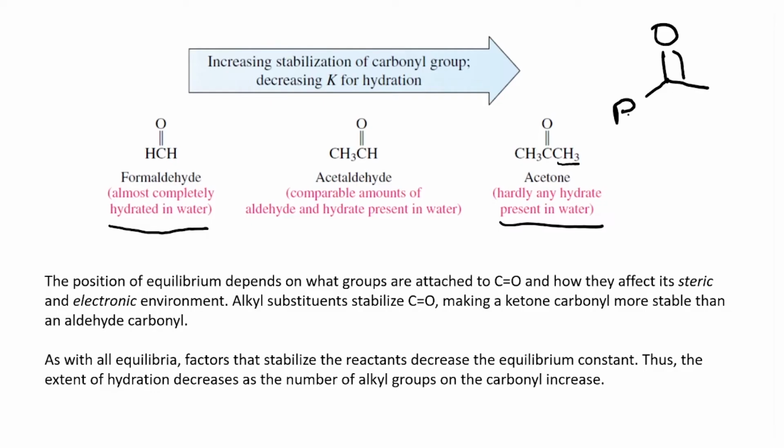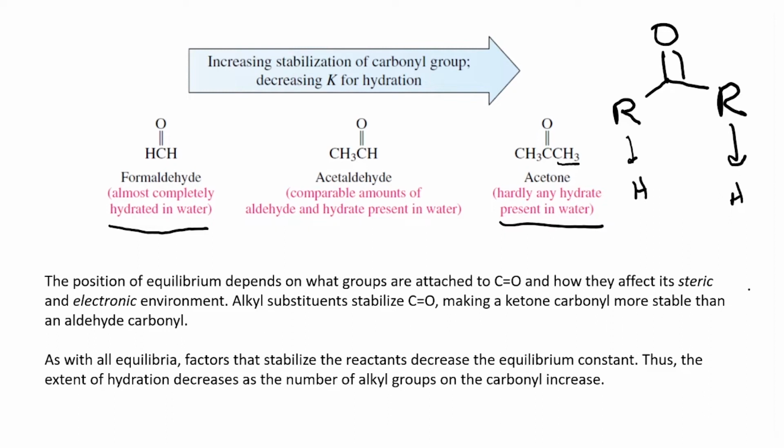If you replace the H with an R, the ketone becomes more stable. So the reactant of this equilibrium, the carbonyl compound, gets more stable, the population of the ketone increases, and therefore the equilibrium constant changes.